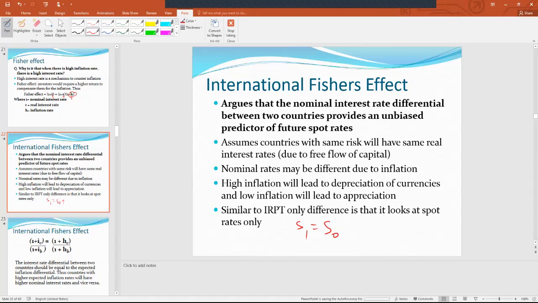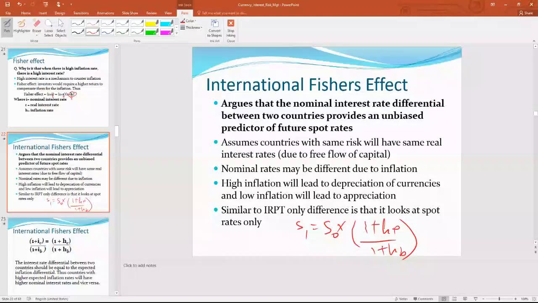S naught times 1 plus the inflation rate in the price currency over 1 plus the inflation rate in the base currency. This one we already discussed together. Since now you can explain that the difference between the interest rates in Kenya and Uganda is caused by the difference in the spot rate, you can use the nominal rate to explain the future spot rate.